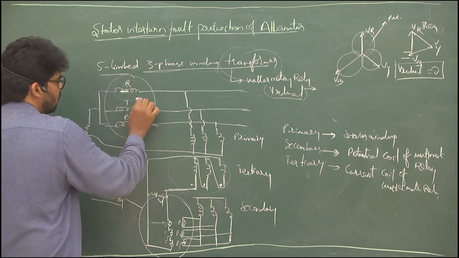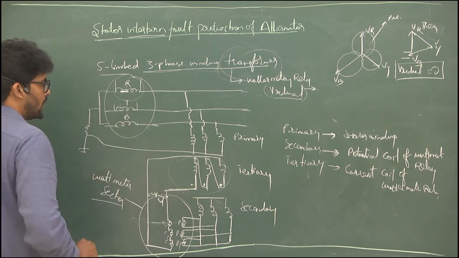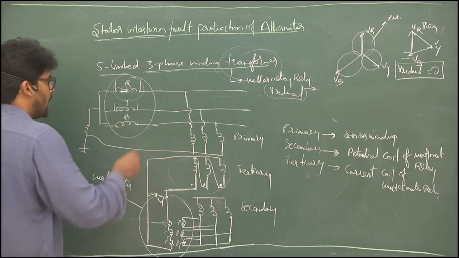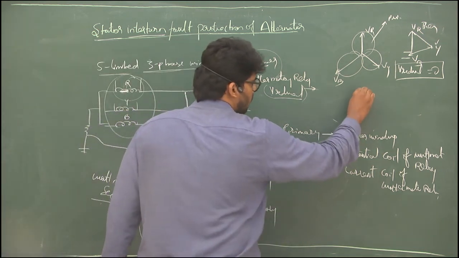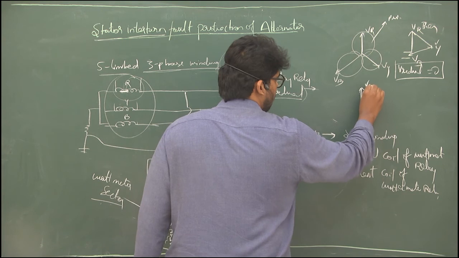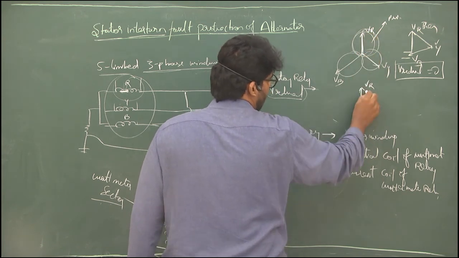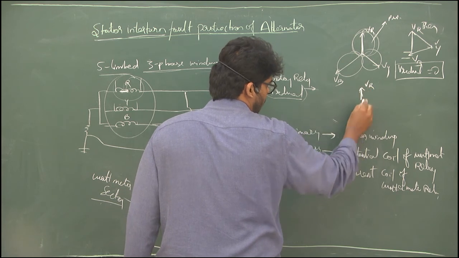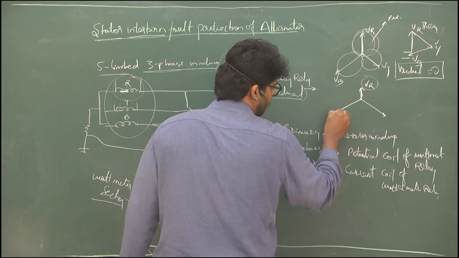Then what happens? The voltage produced across each individual phase will be reduced. Say the fault occurs at the R phase, then the voltage produced will be considerably less than before. I represent it here as VR, but the voltage produced in the other sections, Vy and Vb, will be normal.